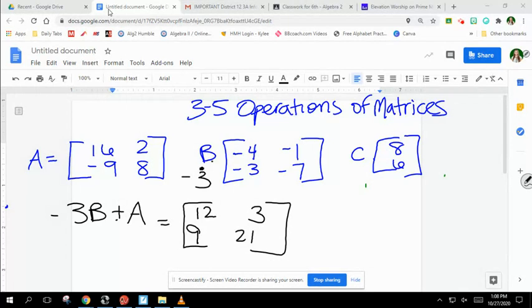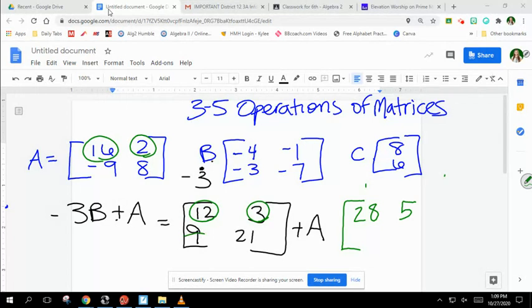You then have to add A. So -12 add 16 is 28. 3 add 2, 5, 9, and negative 9? 0. Don't leave it blank. 0 is a number, so put that 0 in there. 8, 21, 29. Okay? So the majority of the page will be like this.